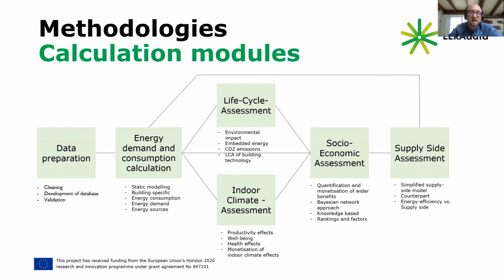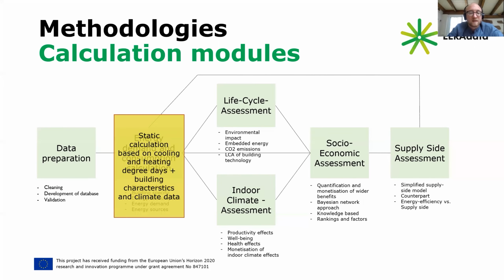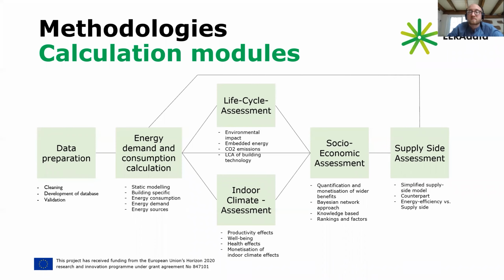And here you see the different modules. So we start with the energy calculation, which is our starting point. So we look into the specific building and we make a static calculation based on cooling and heating degree days, on the building characteristics and climate data, and we estimate the energy consumption and the energy demand if the real data is not available.